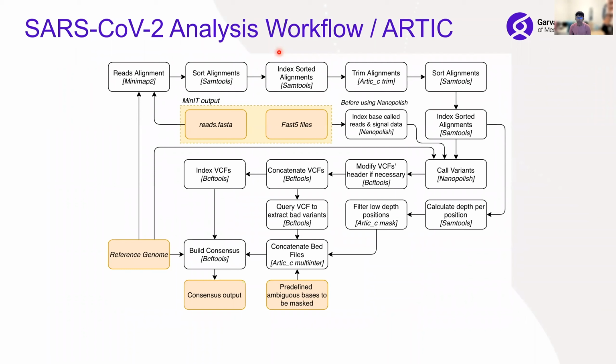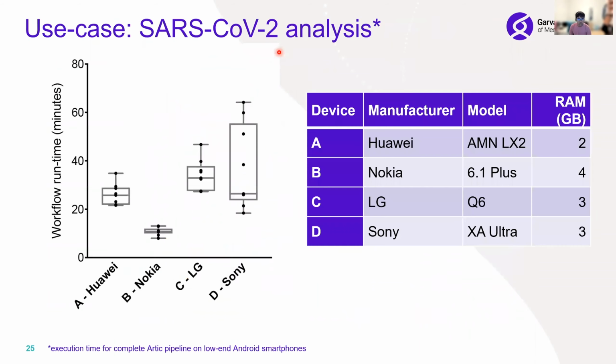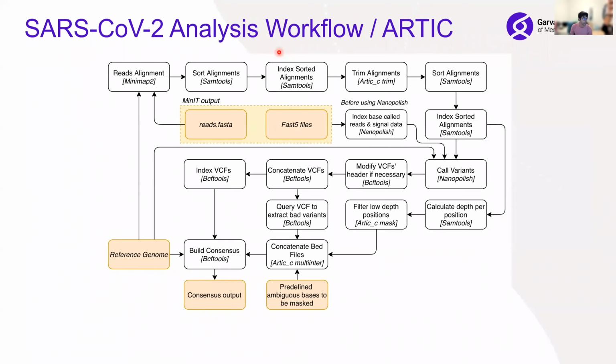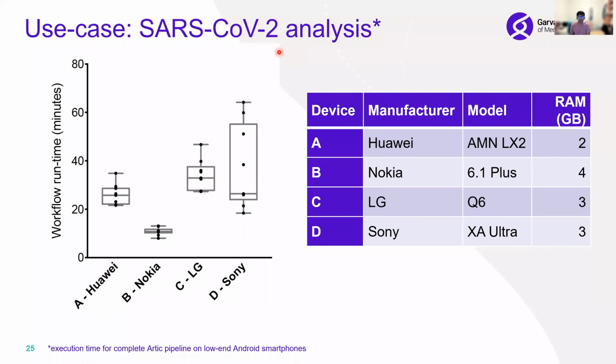Because it was implemented in a way that it can be quickly adapted to other tools, it was a very convenient job, and we could show that on several smartphones, you can do a coronavirus analysis, with processing done in like 20 to 60 minutes, depending on the phone's capacity.